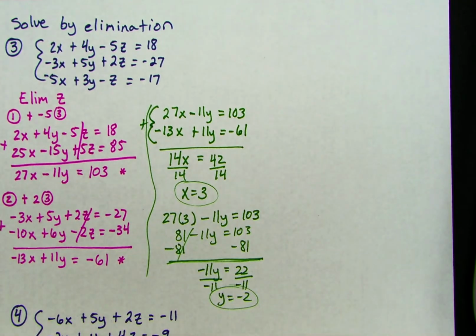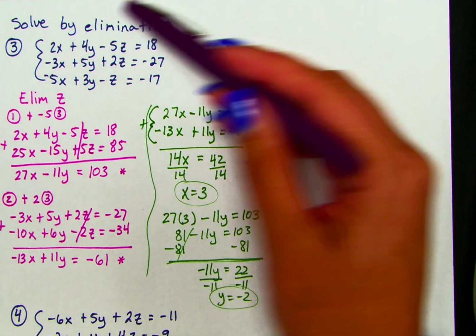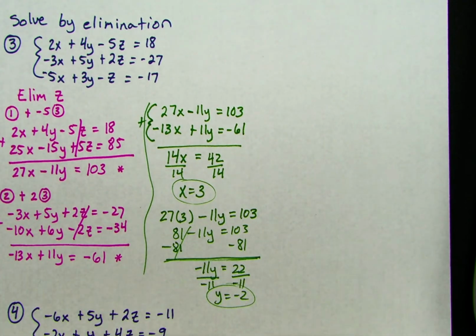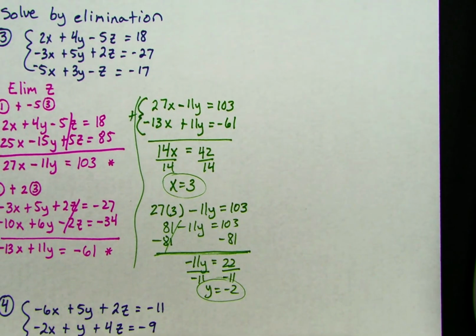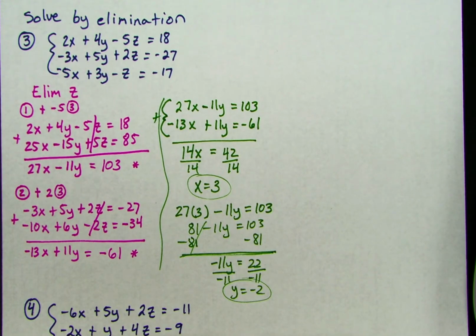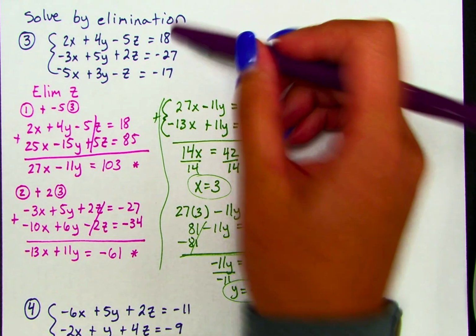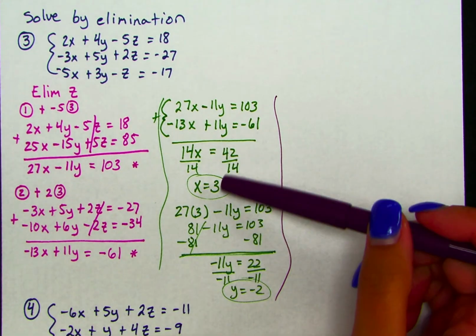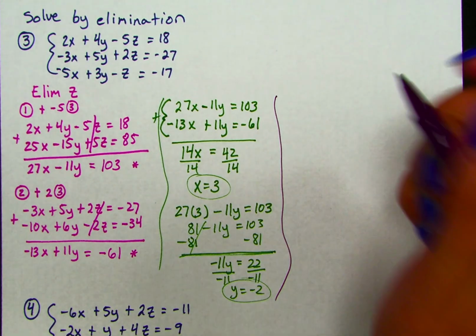Okay. All right, so now that I have two of my variables, this is when I go back to one of the original equations, and we're just going to substitute both of these in at the same time to find the third variable. So again, it doesn't matter which equation we choose. So I'm just going to choose the top equation. So I'm going to substitute 3 in for x and then negative 2 into the y.